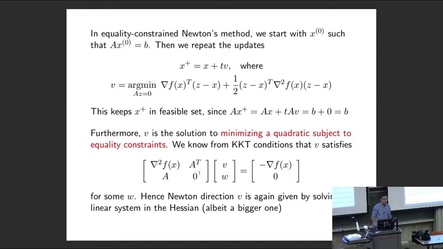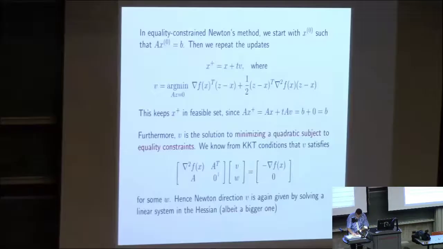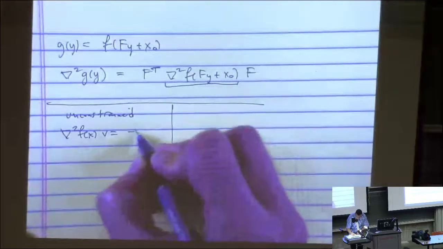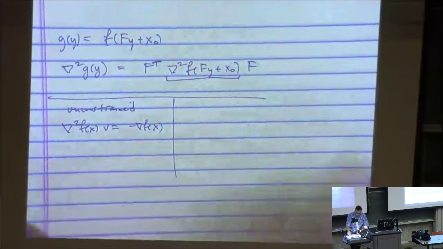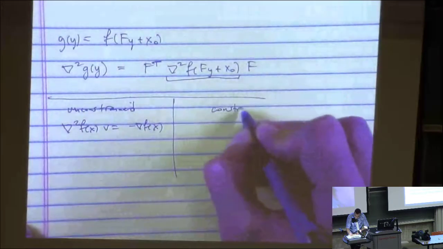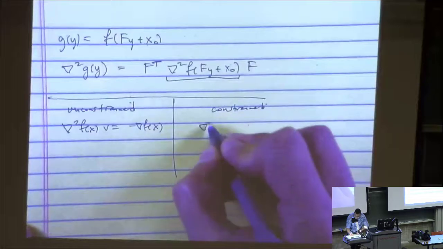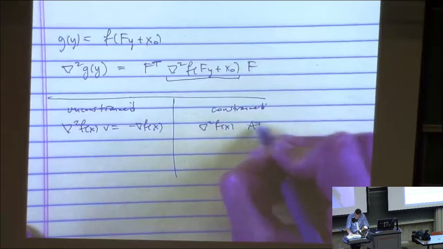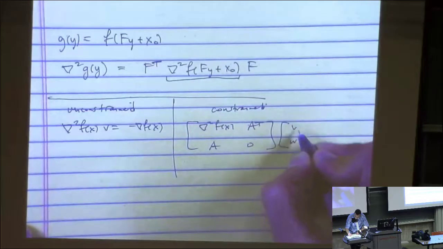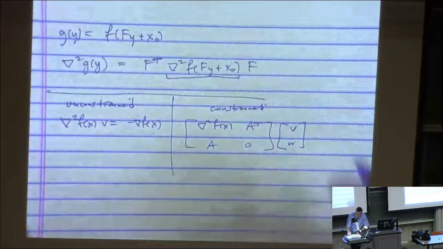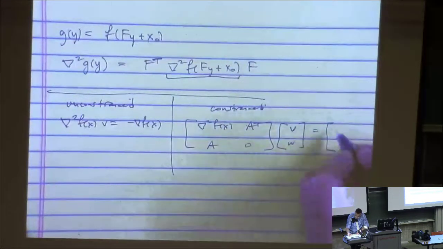It's just a little bit bigger than the unconstrained Newton system. For unconstrained Newton, we have to solve this system: Hessian times some direction v is equal to negative gradient. Constrained Newton is a bit bigger. We solve for v and w together, and for the purposes of today's lecture, we can discard w.